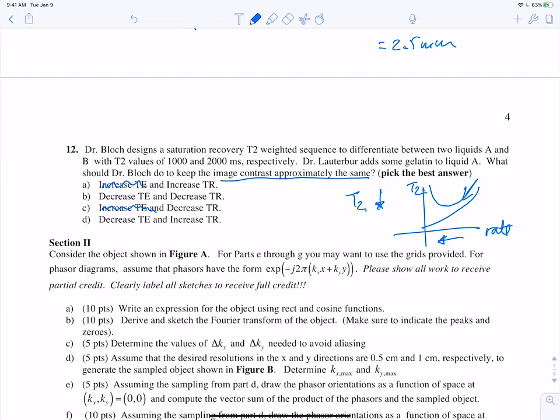If you assume you're already at a very long TR, such that it's purely T2 weighted, then increasing TR will keep you there. But if you were asked what would be more optimal in terms of scan time, then possibly decreasing the TR would be better. So it really depends on what you're asked. In this case, since the image contrast stays the same, if you had to pick one, you would pick D because you can't go wrong.